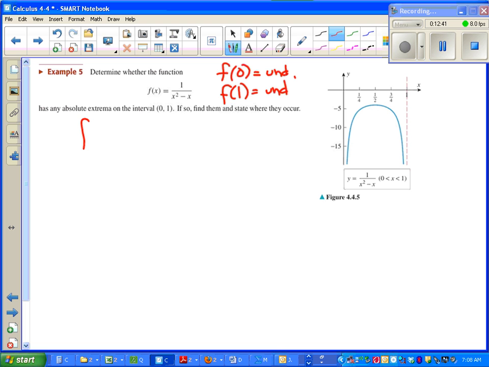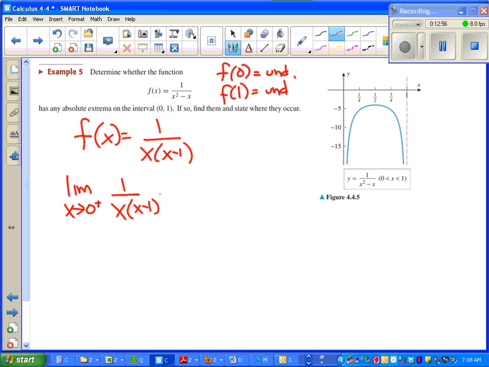So let's find out what's going on near those asymptotes. First I'll factor the bottom, and we'll look at what's going on on the left-hand side of the interval. We're going to approach 0 from the right, and we end up with something like 1 over a tiny negative, which to me sounds like negative infinity.